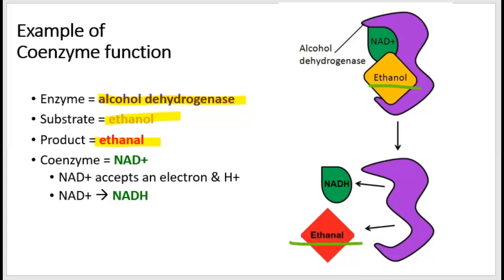But notice there's something else in there, this little green molecule thing. Okay, that's a coenzyme called NADH, and it helps the whole reaction take place. In this instance, what it really does is it takes a hydrogen away from ethanol. Notice it's got a hydrogen on it now, NADH. It also takes an electron.